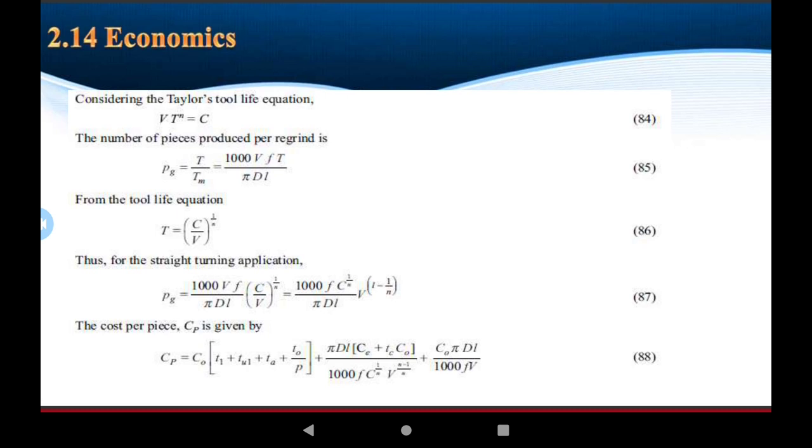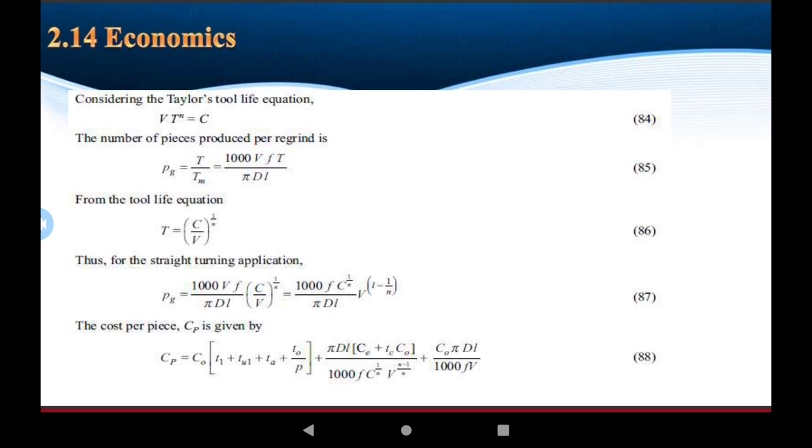The number of pieces produced per grind in this operation, Pg equal to T upon Tm equal to 1000 Vft upon pi dl.